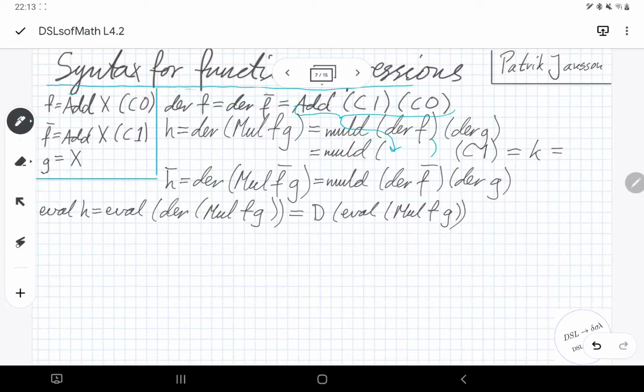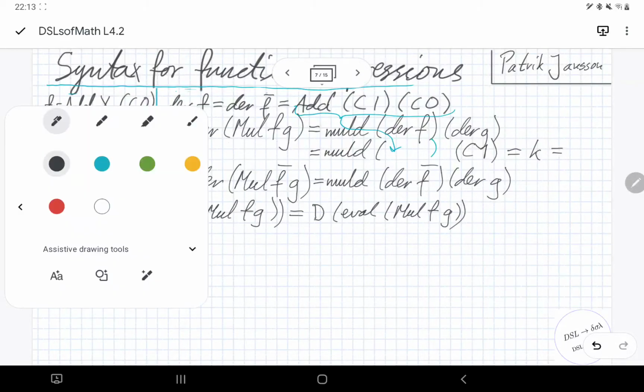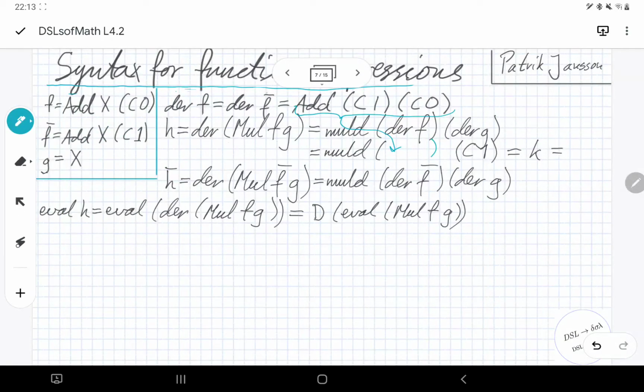I should perhaps mark here with the color blue that this step is motivated by the specification. I can write it here and then we probably have to erase it to fit in. That was h1. Oops, sorry, I had a smaller one. h1 was saying that eval satisfied going from syntactic derivative to semantic derivative.